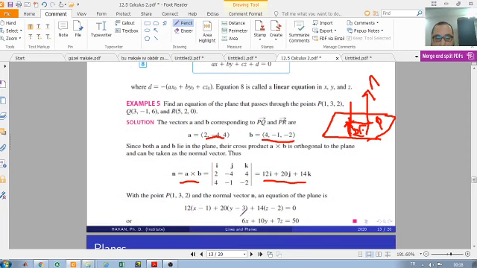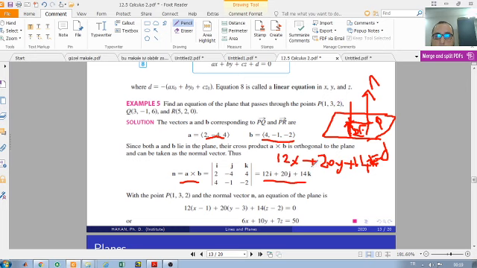Therefore we write 12x plus 20y plus 14z is equal to d, and we know a point on the plane. Writing the components of the point for x, y, and z, we get d.